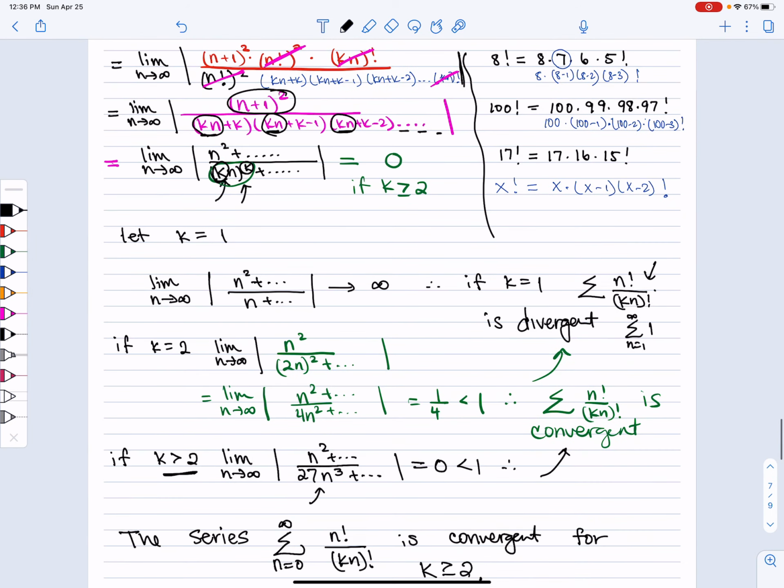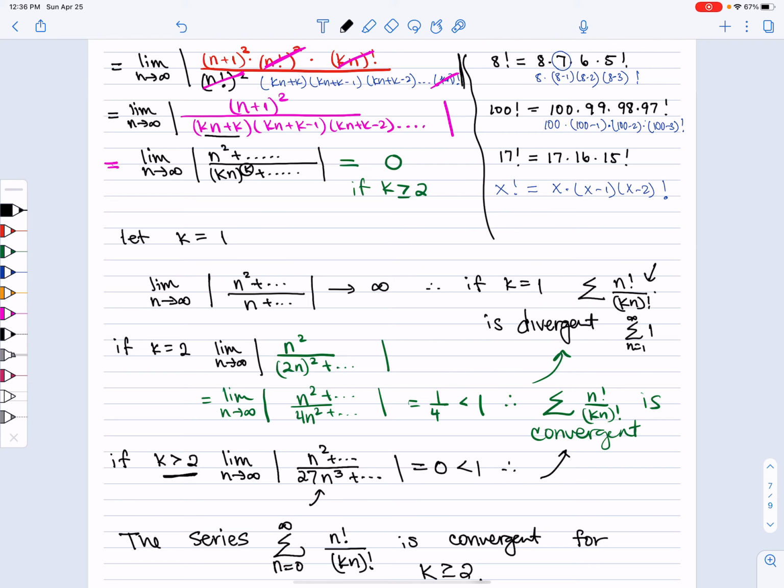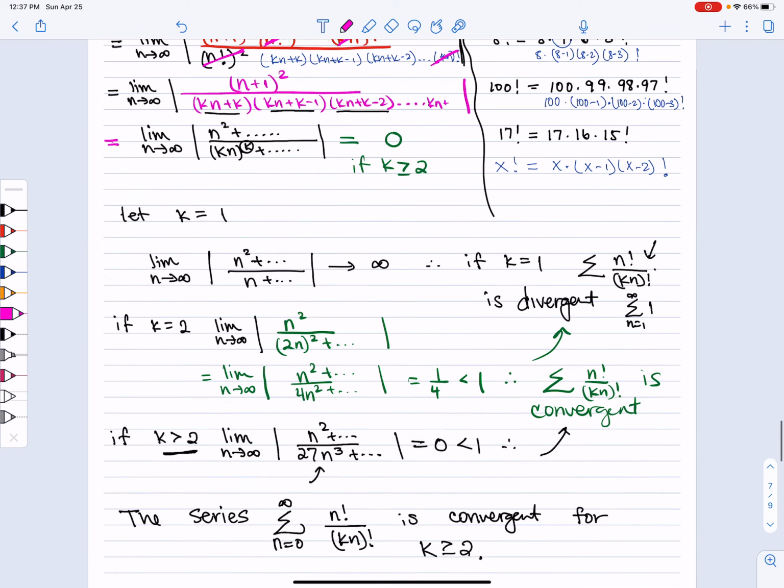If you want, you can even go back here. And you see I left the dot, because then you're going to go back to kn plus k, kn plus k minus 1, kn plus k minus 2. And then you're going to continue going back all the way to kn plus, remember, where did we have it?